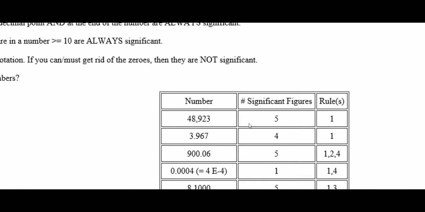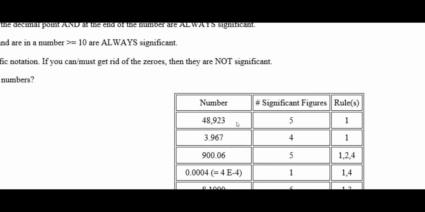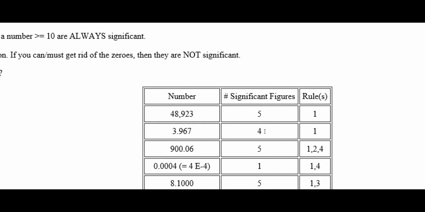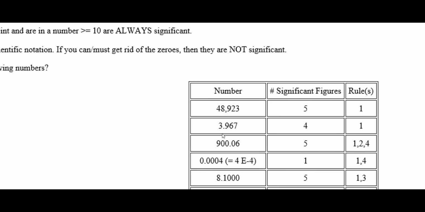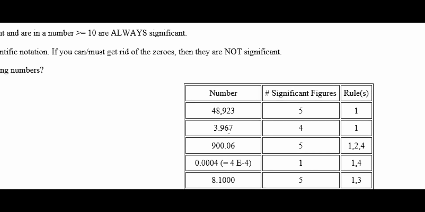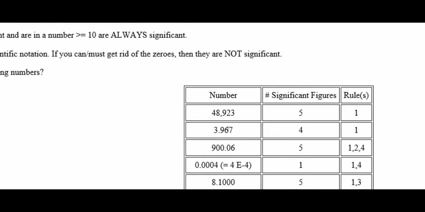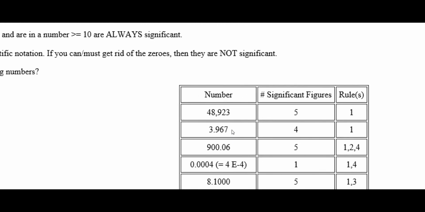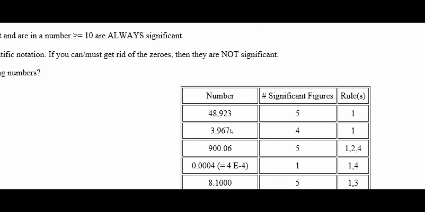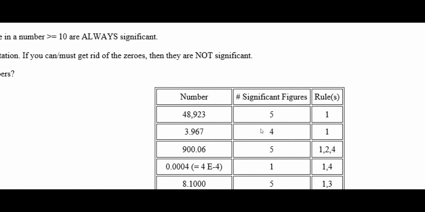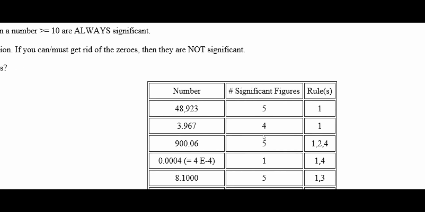That's part of rule 1 because all numbers between 1 and 9 are significant automatically. Let's look at 3.967. Again, even though there's a decimal point, all of these are significant. 1, 2, 3, 4, because that is 1 through 9. So that's going to be 4 significant digits.